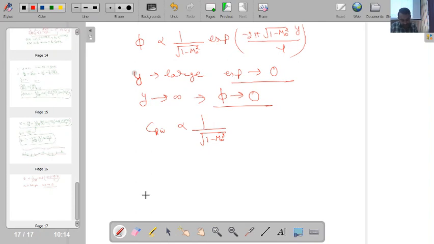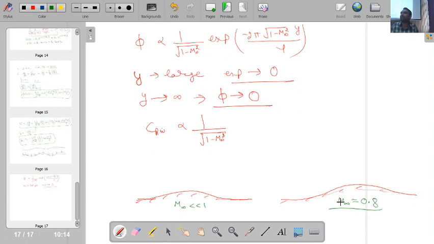The ultimate point is that if you have a situation like this, this is your wavy structure and this is your same wavy structure. But here M infinity is very small compared to 1, and here M infinity is in the range up to which this solution is applicable. This solution is applicable only up to the subsonic regime, say M infinity nearly equal to 0.8.